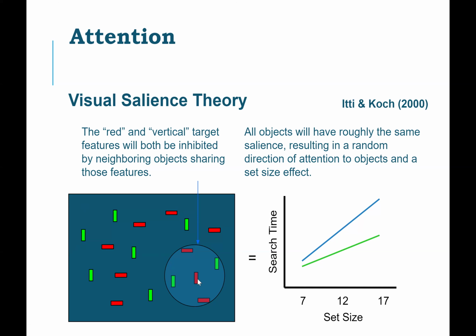So I think the search behavior is not just dependent on the properties of the object itself, but also on what it is surrounded with, like how salient it is in that surrounding. It could be a complex object, but if it's really different from its surrounding, then it wouldn't be a difficult search. Does that make sense?